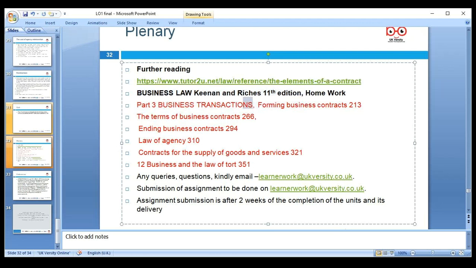If you look at the contents page, in Part 3, on page 213, we have forming a business contract, what elements we have, the terms, and how the business contract can end. Also the law of agency, the Supply of Goods Act if you want to read, and tort law. That's the key area.